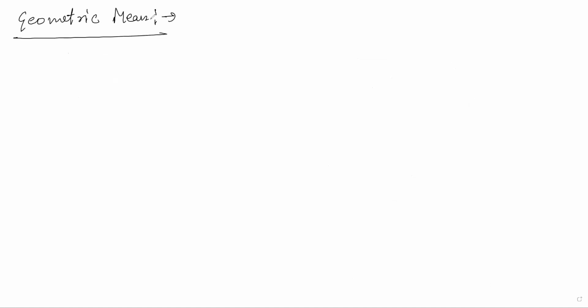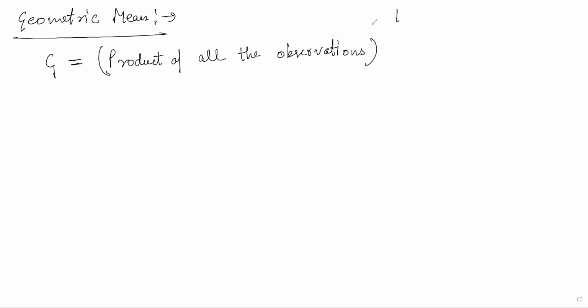Then we will come to geometric means. So what is a geometric mean? Geometric mean is denoted by G, and just like in that case we find out sum of all the observations, it should be product of all the observations, because sum gets replaced with product in GP. और प्रोडक्ट के साथ आएगा फिर पावर 1 upon number of observations.